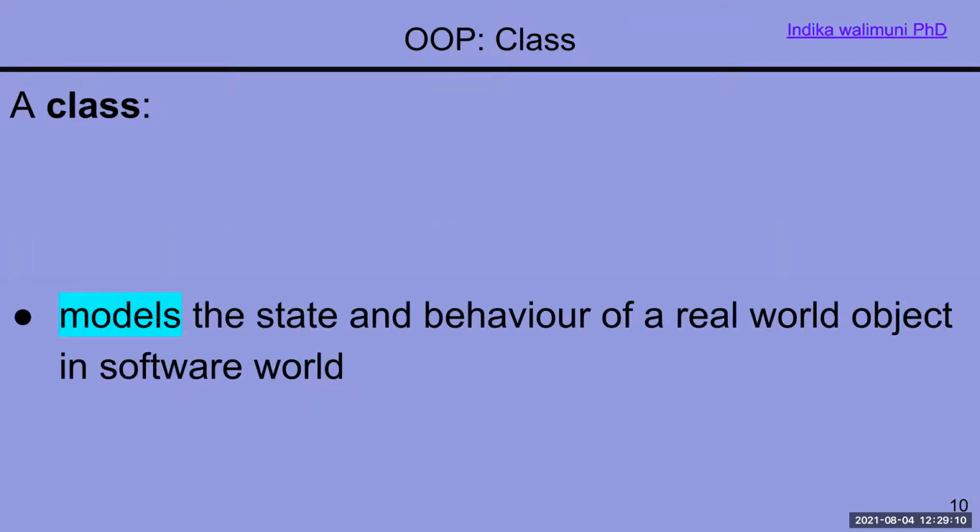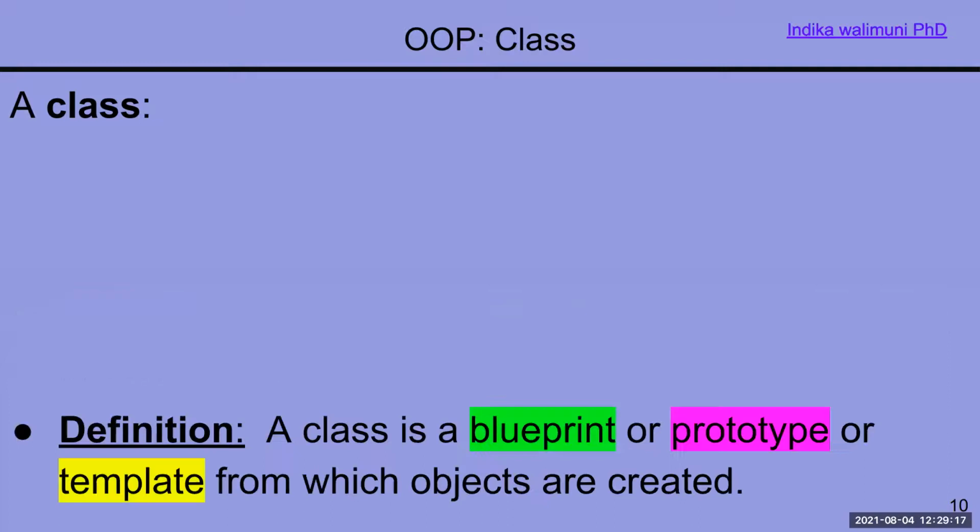So it models the state and behavior of a real world object in the software world. So the definition of a class: a class provides the blueprint or the prototype or the template from which we create objects. Okay, so if in an interview someone asks, how do you define a class, what is a class in object-oriented programming, you can perfectly give this answer: a class provides the blueprint from which objects are created.